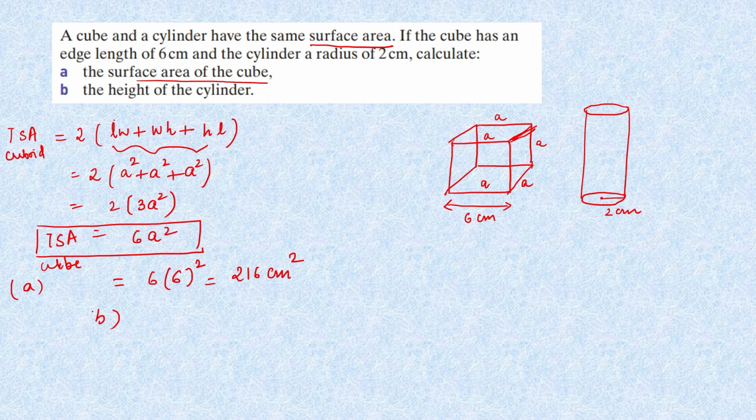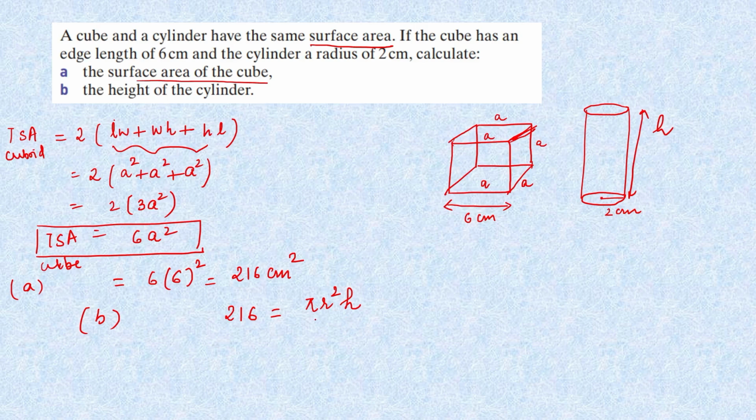Now the next part, we have to find the height of this cylinder. We know that the surface area of both these objects is the same. The surface area of the cube is 216. And what is the surface area of the cylinder? We have studied that it is pi r square h.